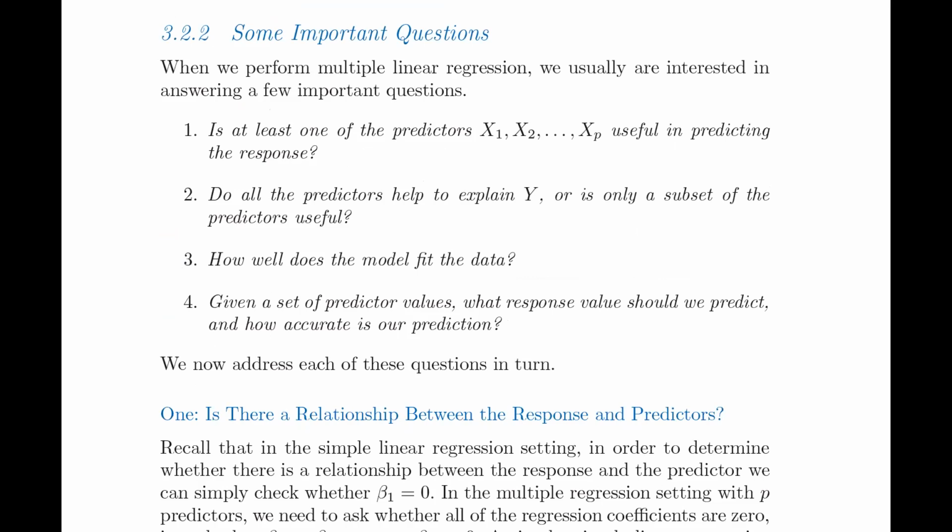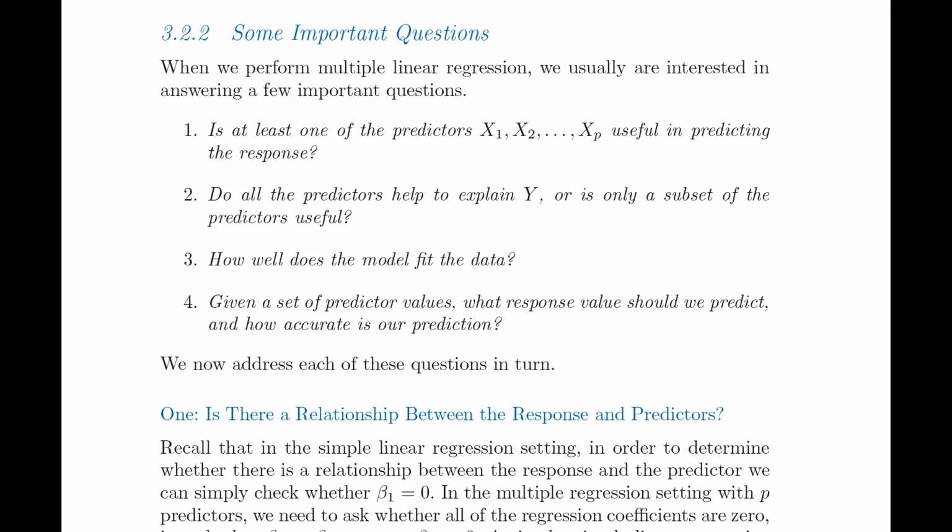Okay, some important questions. When we perform multiple linear regression, we usually are interested in answering a few important questions. Is at least one of the predictors, x1 to xp, useful in predicting the response? Do all the predictors help to explain y, or is only a subset of the predictors useful?